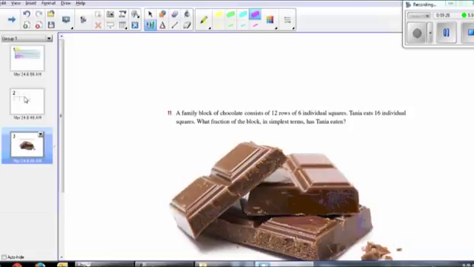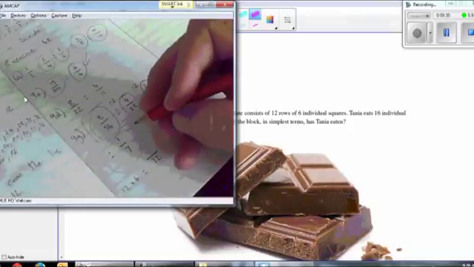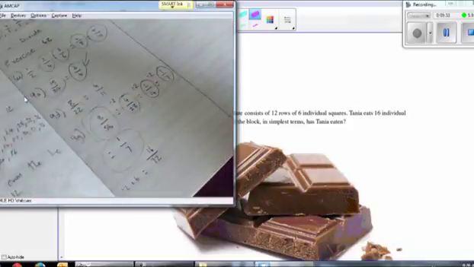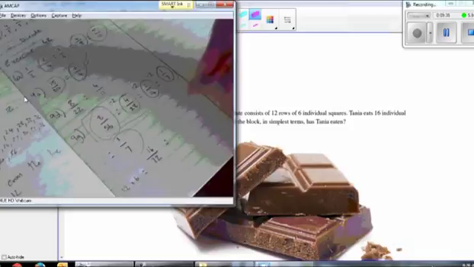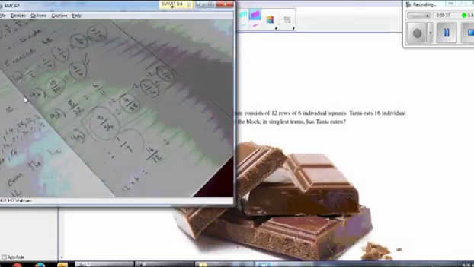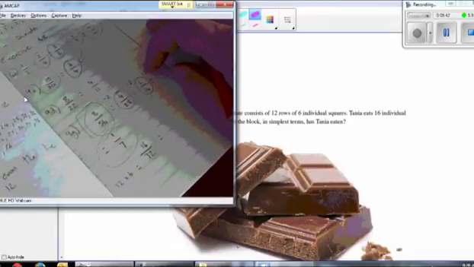Now Tanya has eaten 16 of those squares, so that's obviously going to be our numerator. Once again, now we need to simplify. There are a few ways we can find the highest common factor.